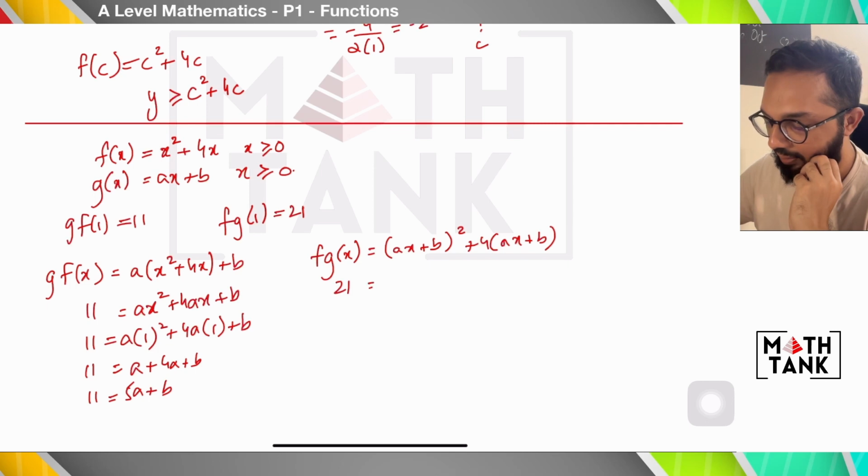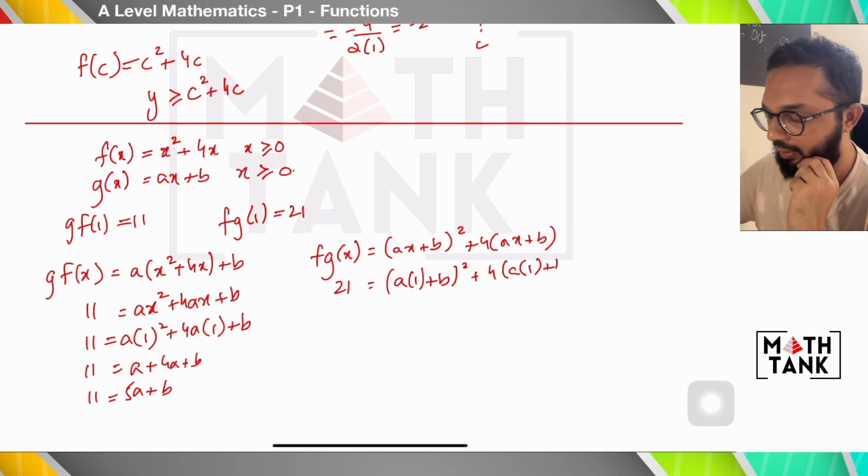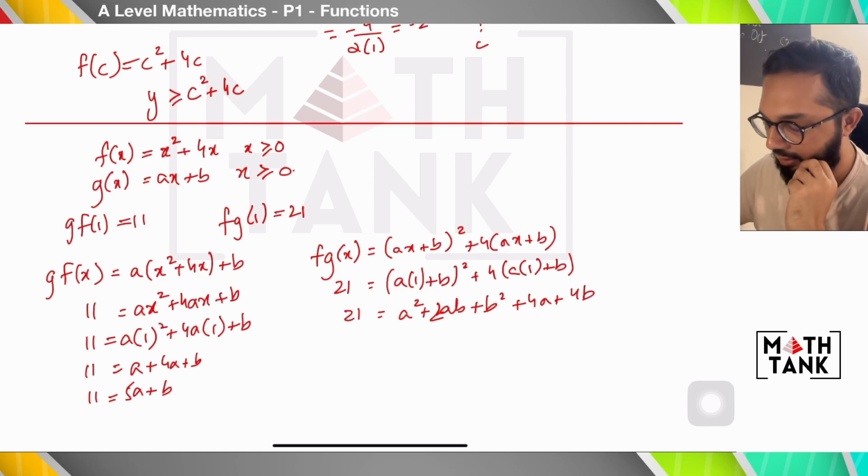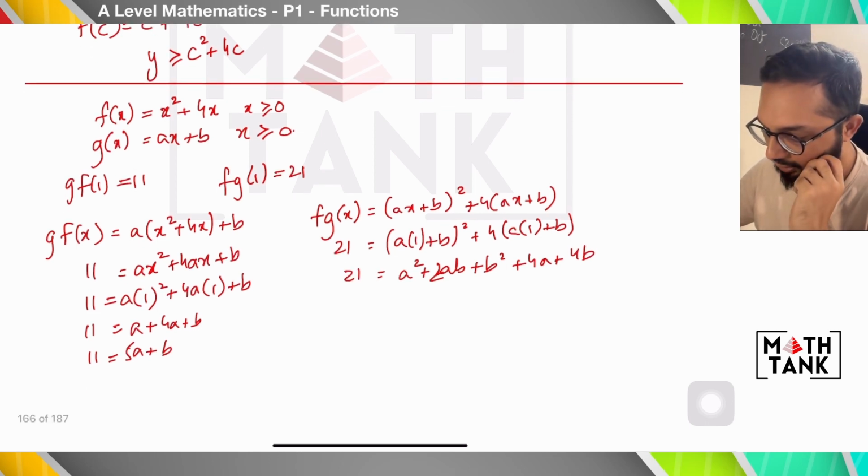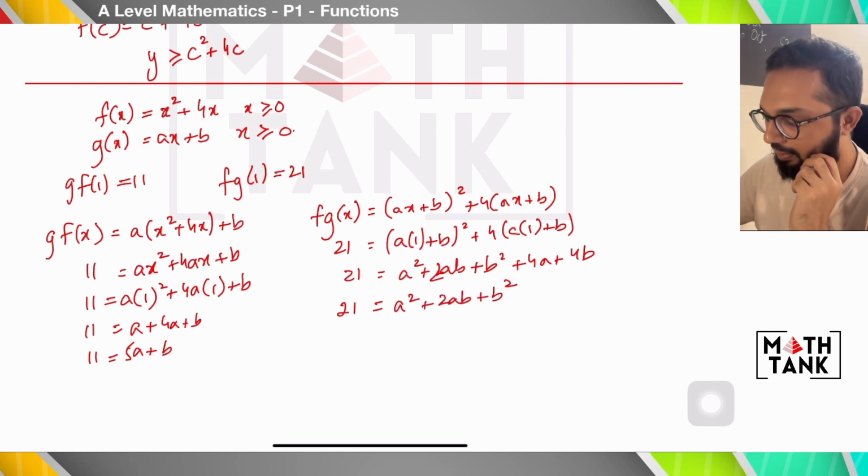Then this is 21, and (a times 1 plus b) whole squared plus 4(a times 1 plus b). So I get a squared plus 2ab plus b squared plus 4a plus 4b. So I have 21 equals a squared plus 2ab plus b squared plus 4a plus 4b.